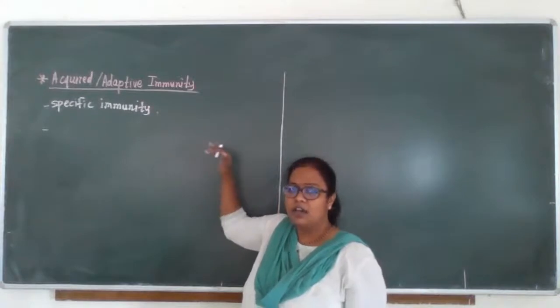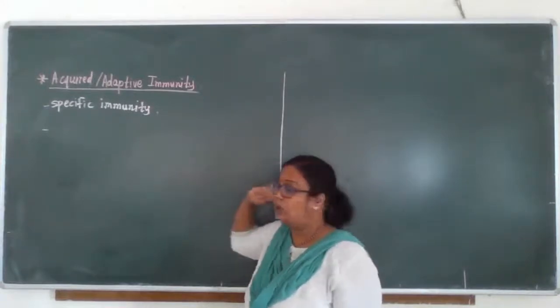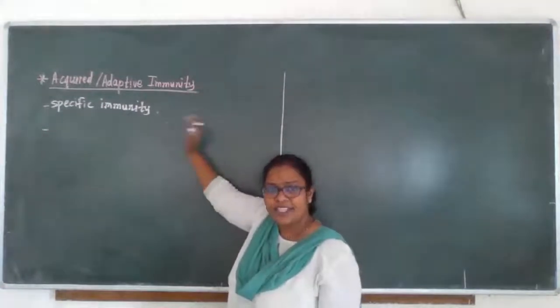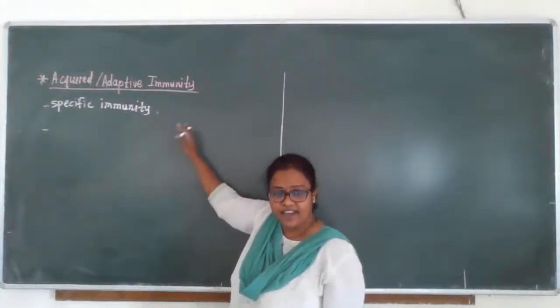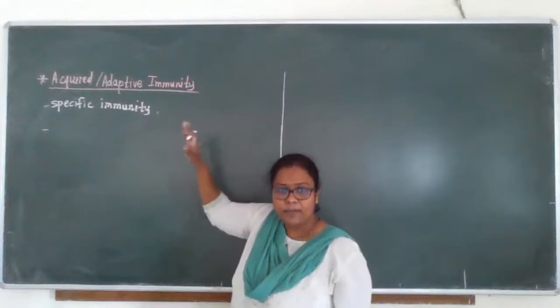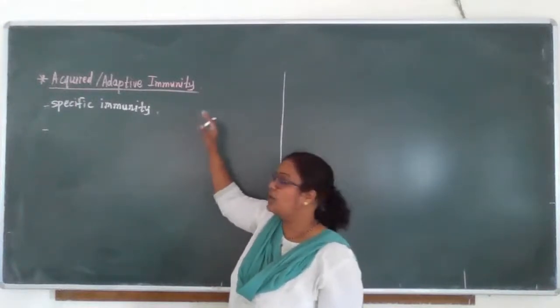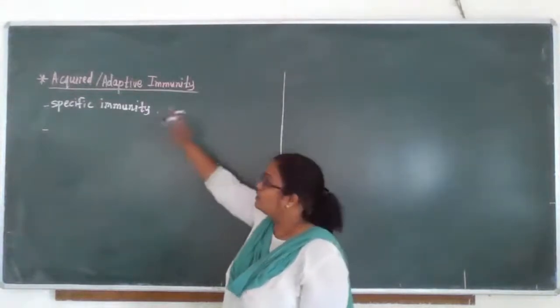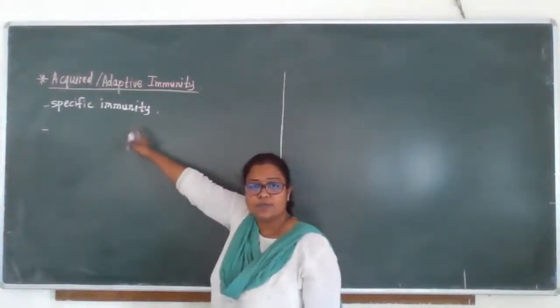Then only the body produces the antibodies. So it is called adaptive immunity, and it is very specific to its antigenic invasion. Clear? Antibody production is very specific to its antigenic invasion. Because of that, it is called specific immunity.